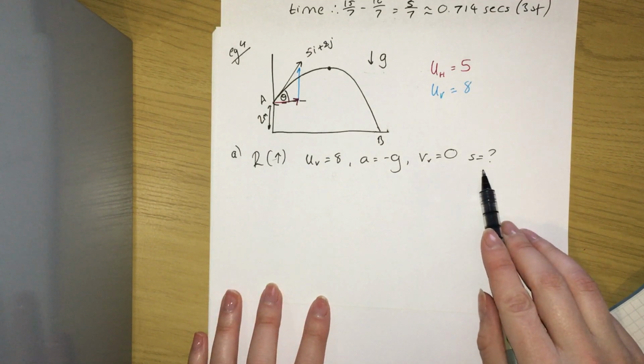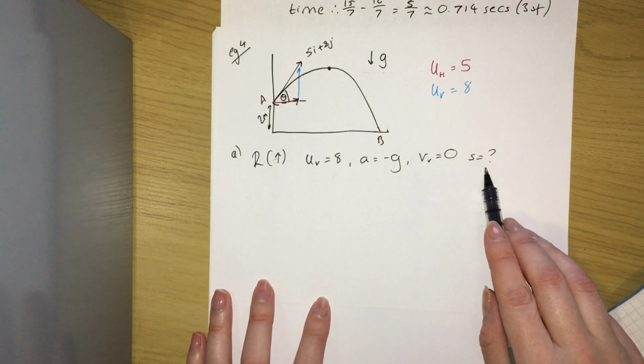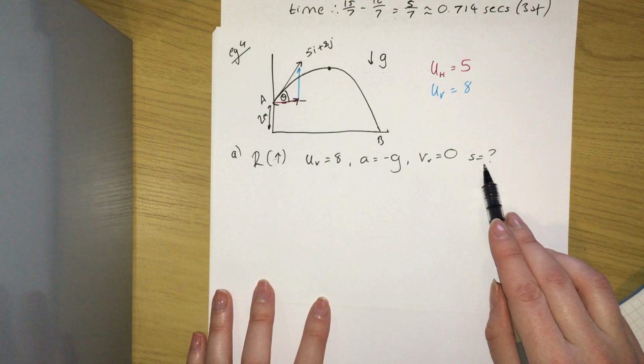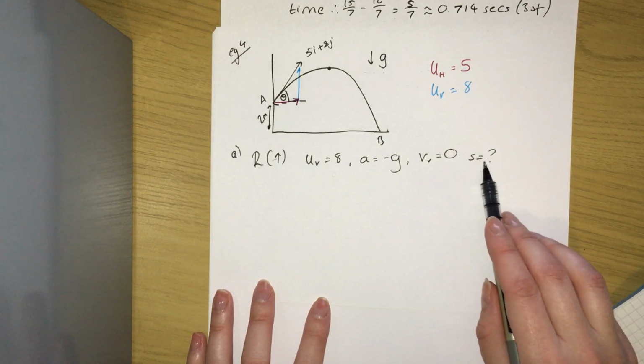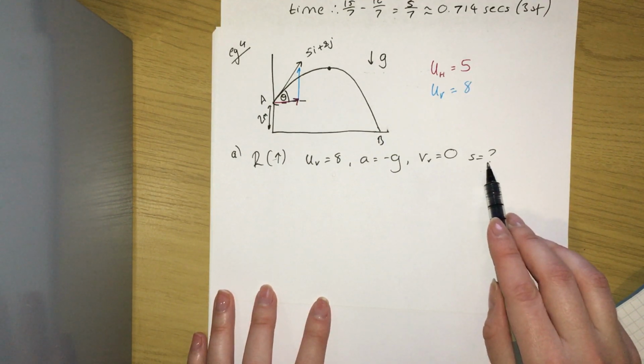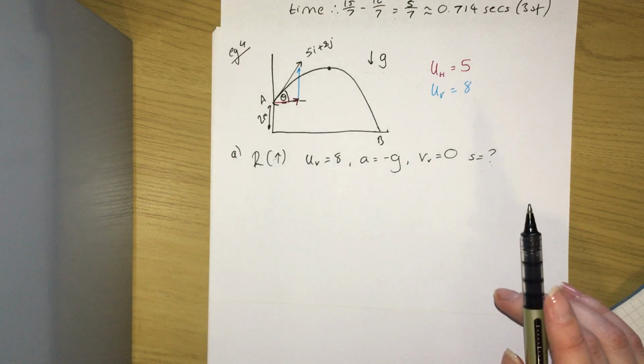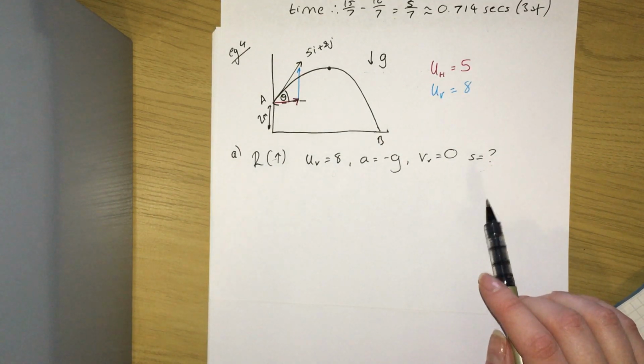Be careful with this question. The question asks for the greatest height above the ground reached by the ball. But this is going to be the displacement from the start. So that's not the greatest height above the ground. So be careful when you're actually finally answering this question.